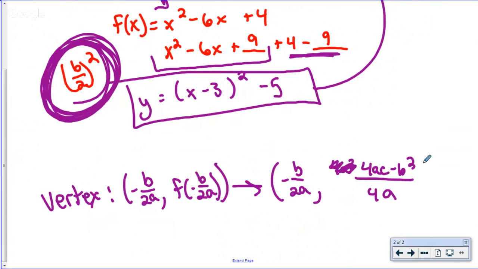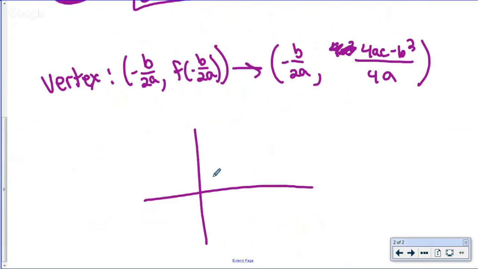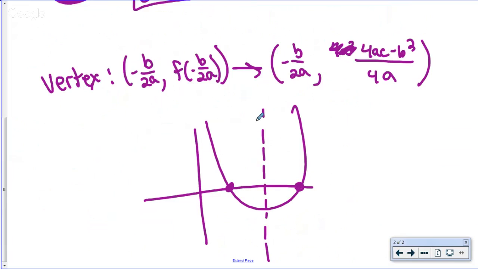So if you want to know this, you can. I always like to just, if this is my parabola, find this point and this point, then find the point right in the middle. That finds your axis of symmetry. Plug it in and find your y value. Sometimes that works out fairly easily for us.